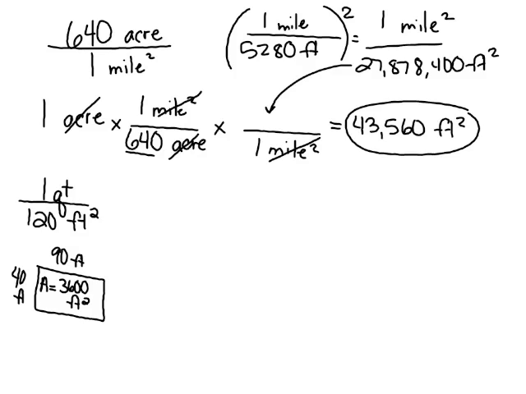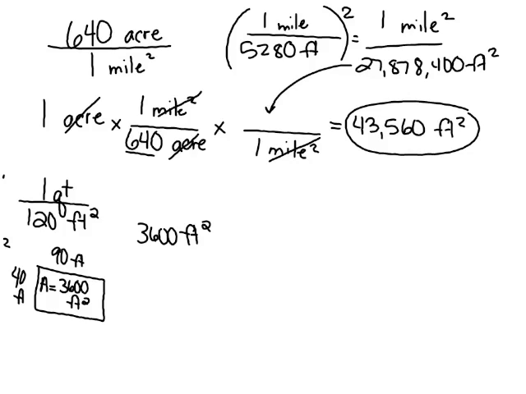How many cans of paint does it take to cover? Are these 1 gallon cans or 1 quart? It's a 1 quart can. So let's start with my feet measurement. That's how much area I have to cover.